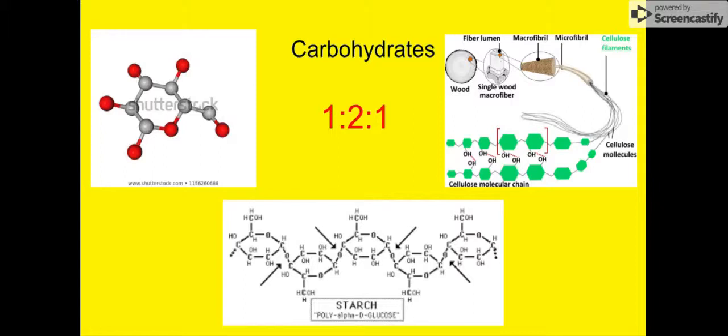They're made up of monosaccharides and polysaccharides, and the functions of carbohydrates are energy storage and structural support of the cell. In this picture, you can see that carbohydrates make up cellulose inside the cell wall.